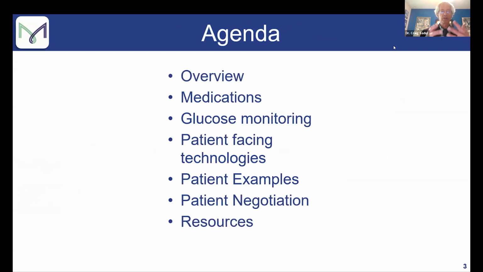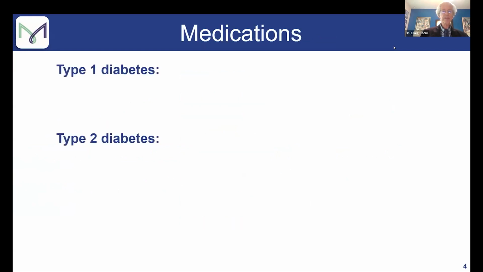The agenda is to start with the overview, to go over medications, to dive into glucose monitoring, to review patient-facing technologies, go over some patient examples, discuss the technique of patient negotiation, and to finish with a list of resources.